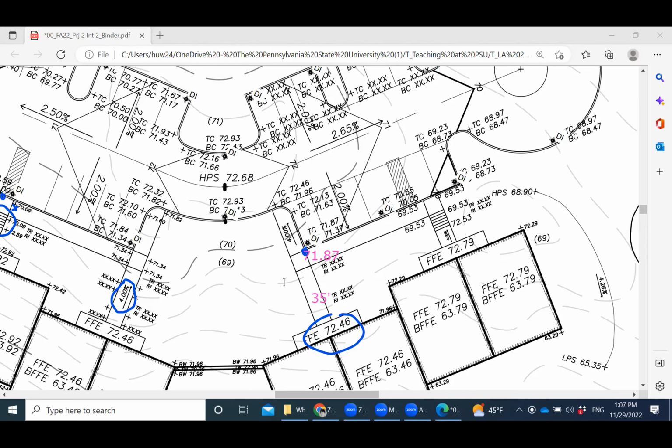And your FFE and your top of the curb, the difference is only 0.6, right? 0.60. So this could be below 2%. Does that make sense? Yeah, it's mainly because of that loss of that 0.5 curb height. Okay, so double check this one. Double check to make sure this is high enough for creating a 2% slope in this area.